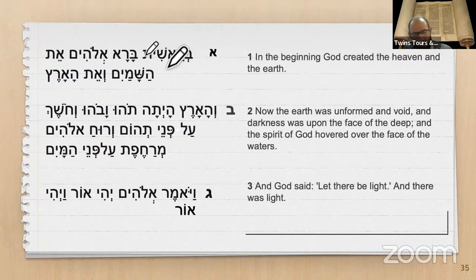Now, if there are no vowels, we are not able to pronounce it this way. Then we have bet with a dot with the kamatz. Kamatz is a, so we say ba. Resh with the kamatz, we say ra. Then aleph, so we say bara. Then aleph with two dots, the shva, e.